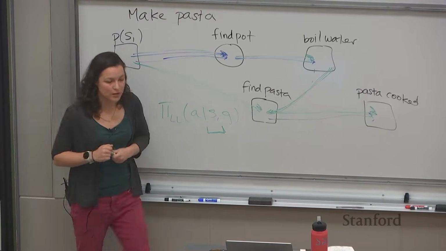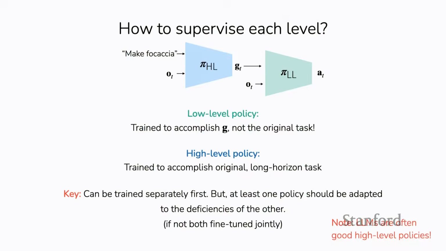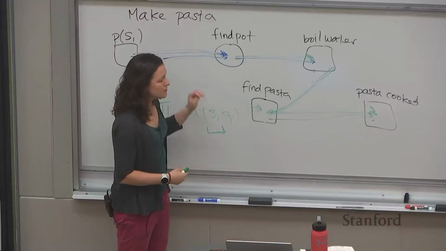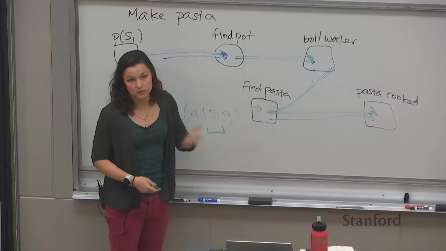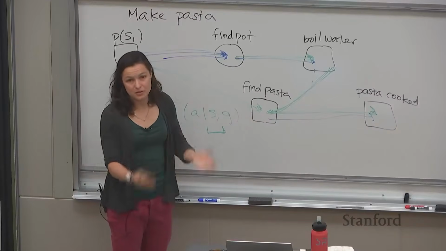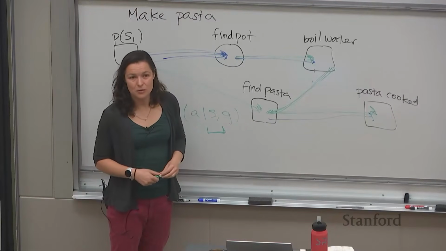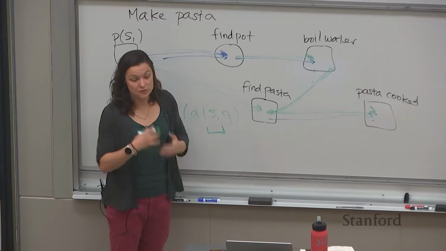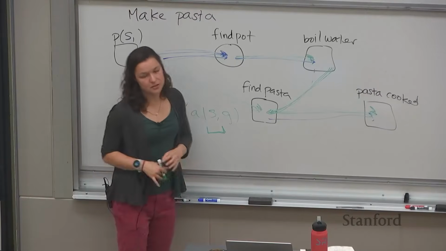And so this is one way where you can train the high-level policy completely separately from the low-level policy, and then potentially fine-tune them, because the language model might not know which order the low-level policy is best suited for, or other things about the capabilities of the low-level policy. And so that sort of adaptation process, even though language models are pretty good at this, is really important.